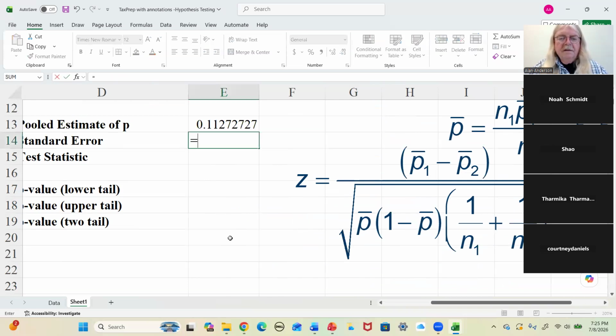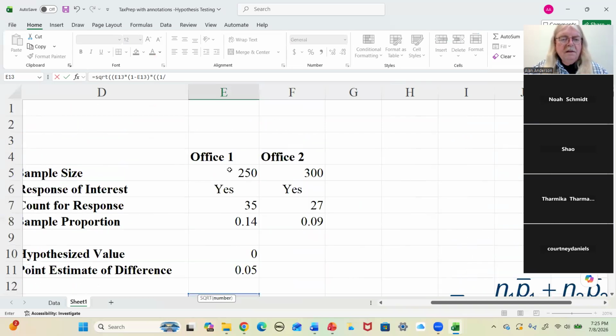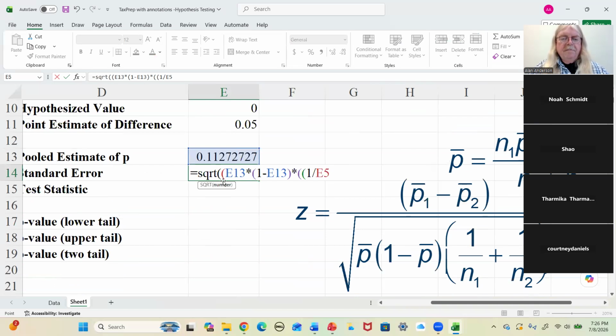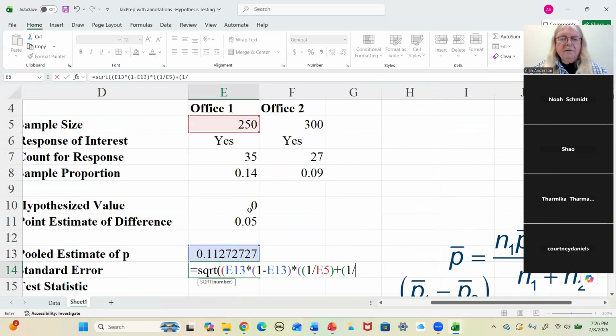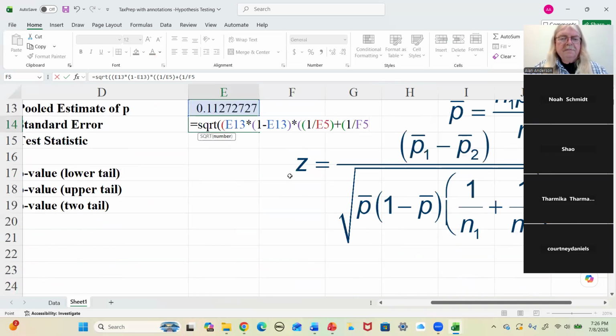So it's going to be square root p bar, which is this one, times 1 minus p bar times one over n1 plus one over n2. Sure, I got all the parentheses lined up.